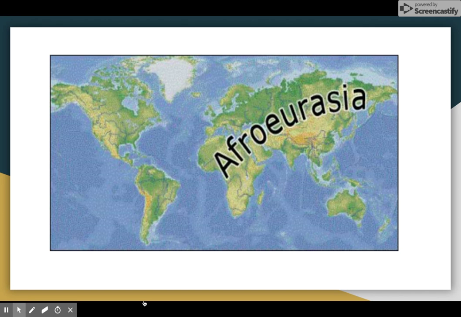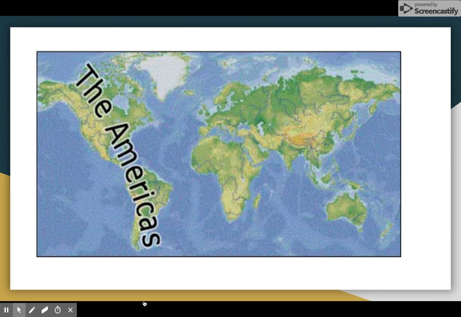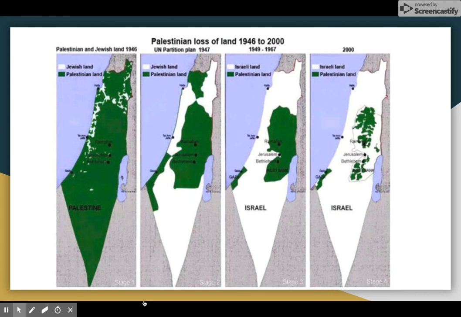So we talked about how this is Afro-Euro-Asia, which is all connected by one landmass, and that's why they name it that. And then these are the Americas, which are also connected by one landmass, and that's why they named it that. So these are two separate containers. We talked about how this is a political division between Palestine and Israel, and how people chose the borders of these nations or these countries or territories.